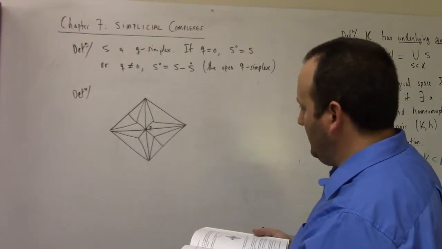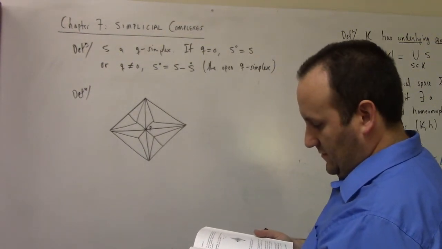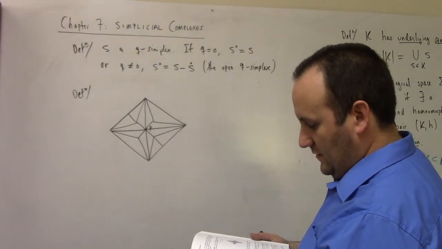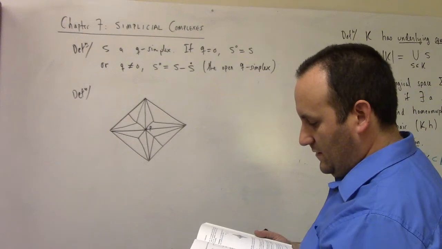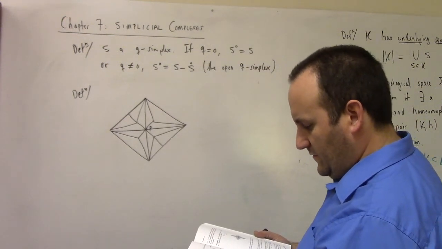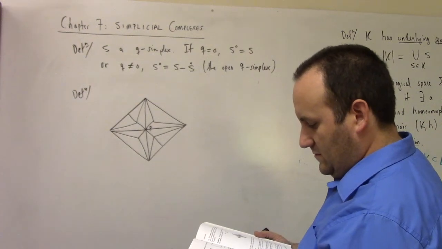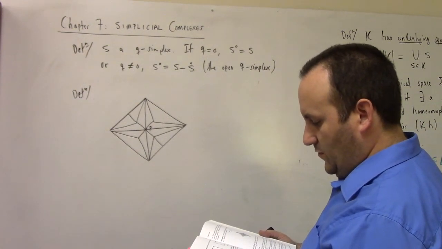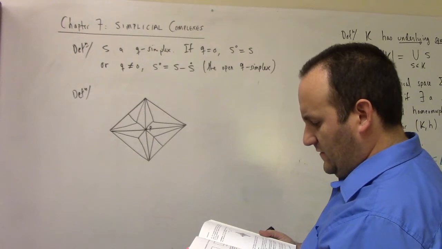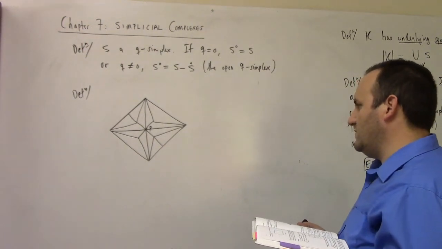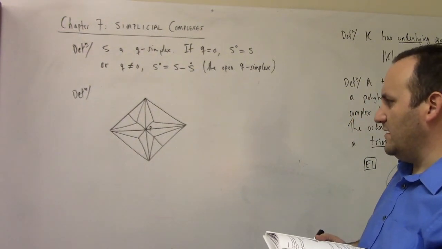So the star of P, there are 8 triangles around P. It's just the union of all. Now is it the whole triangle or is it the open triangles? That's the open. So just all open. So is it fair to say it's the union of all open faces which have P on its boundary?